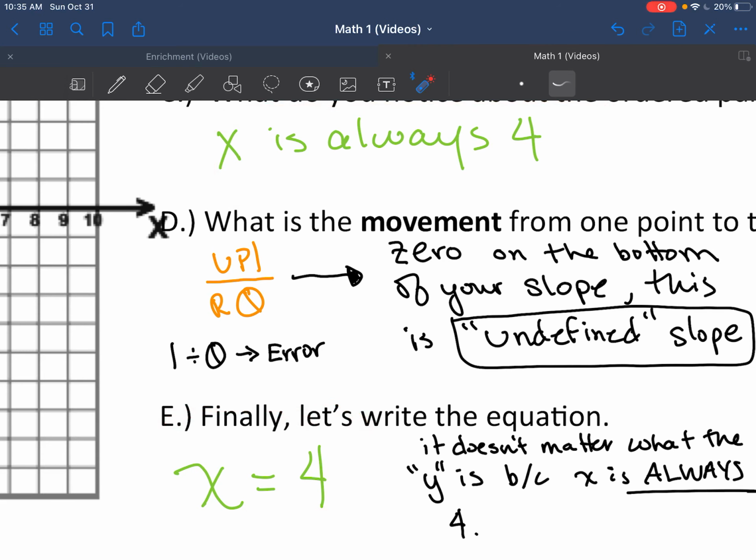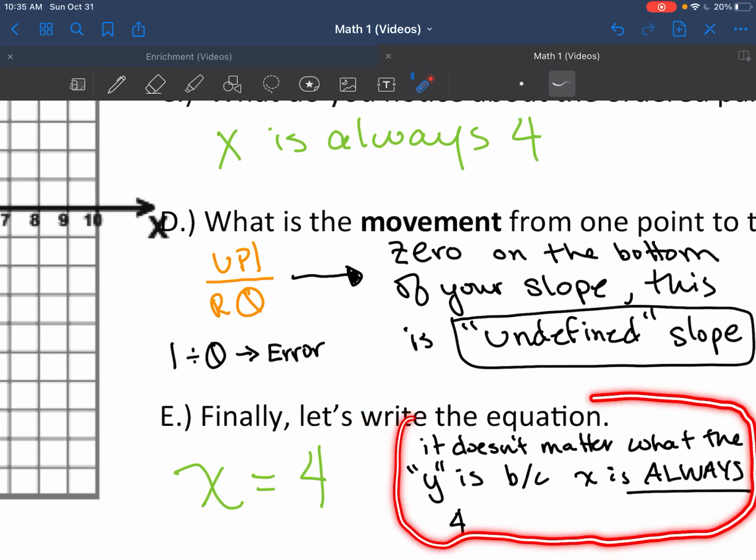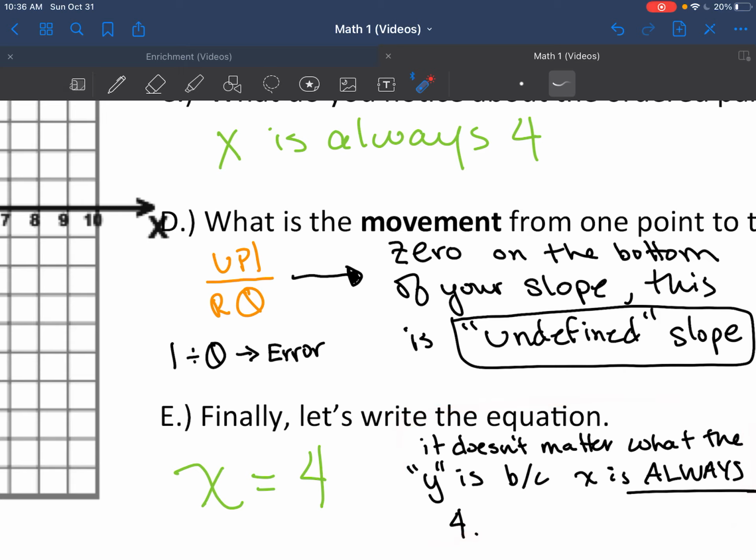We don't need any y's in this equation because it does not matter what the y is because x is always 4. Even if we go to 100 million on our y-axis, the x is still 4. If we go to negative 100 million on our y-axis, the x is still 4.